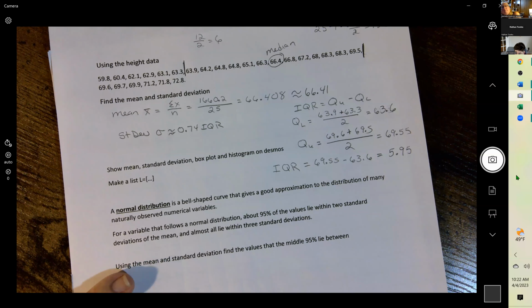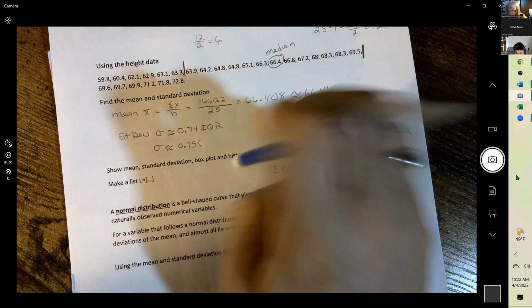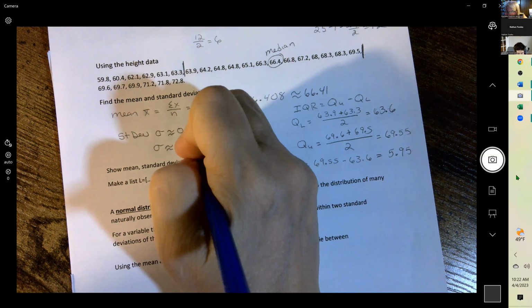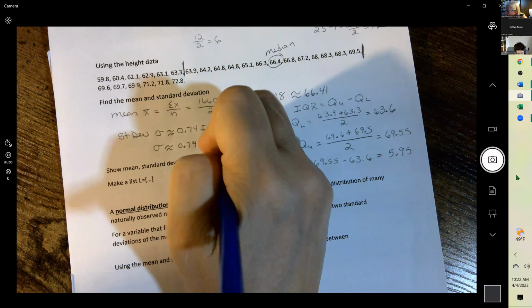Yes. So our standard deviation is 0.74 times 5.95. So that would be an estimate for our standard deviation.